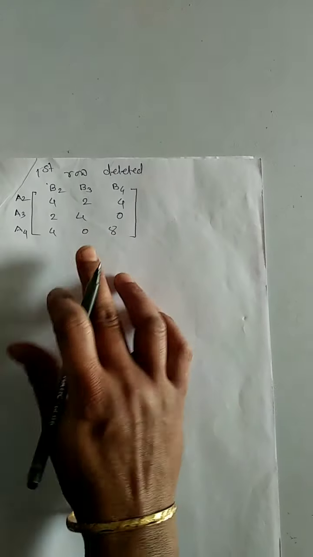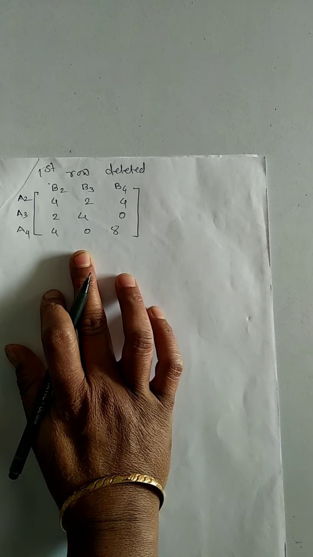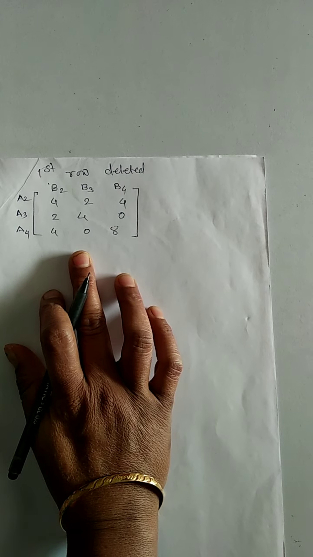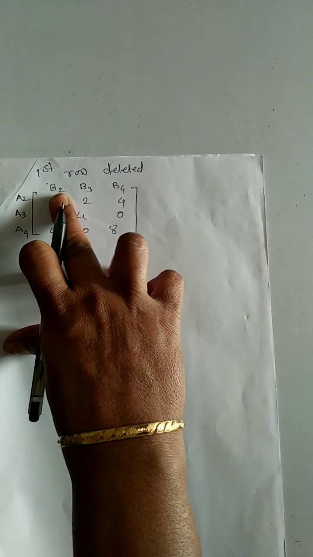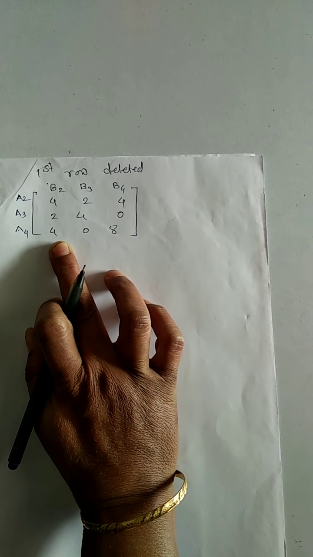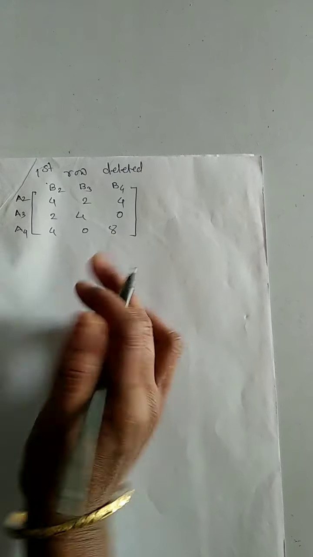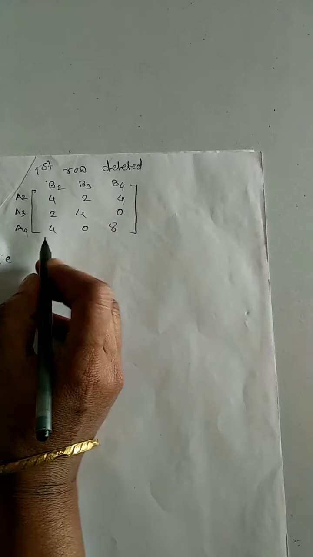Now in the above payoff matrix, no single row or single column is dominated, but the second column, 4 2 4, is dominated by the average of the third and fourth columns. First find the average of the third and fourth columns.